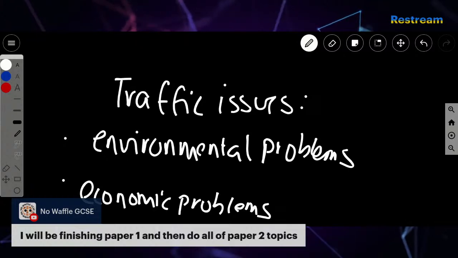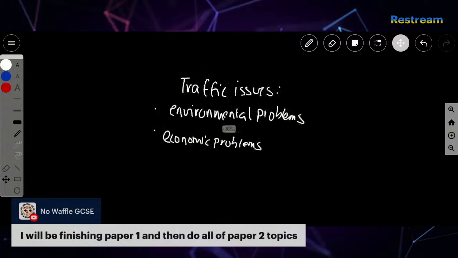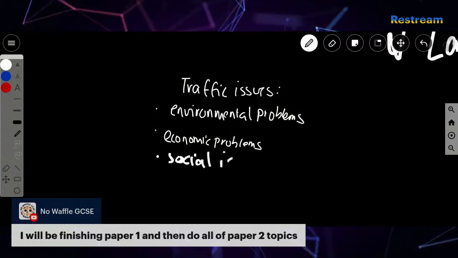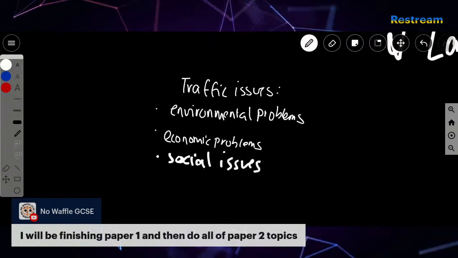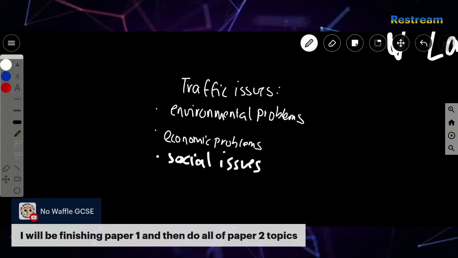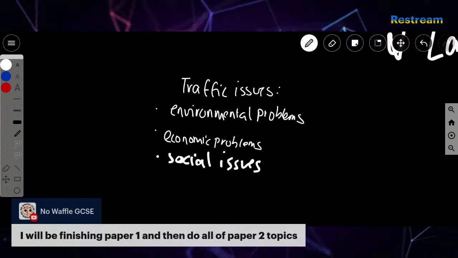And finally, the last issue that it creates is social issues. Because of the more congestion, there is unfortunately a higher chance of things like car accidents, and also the fact that congestion can cause frustration and therefore impact the health of drivers.